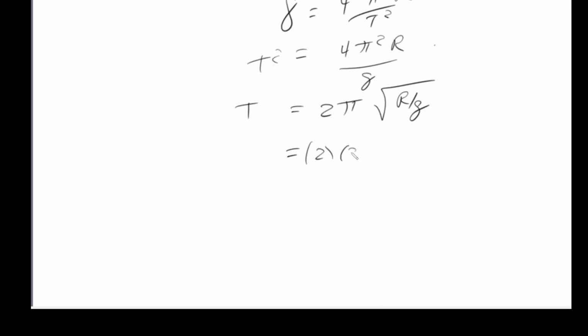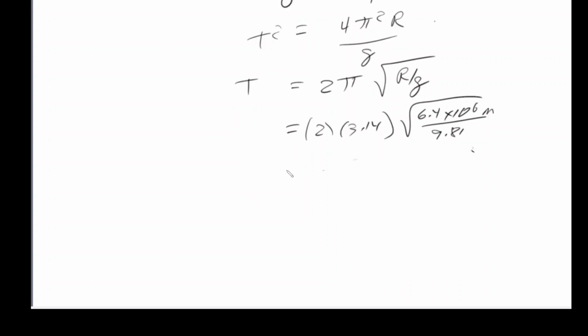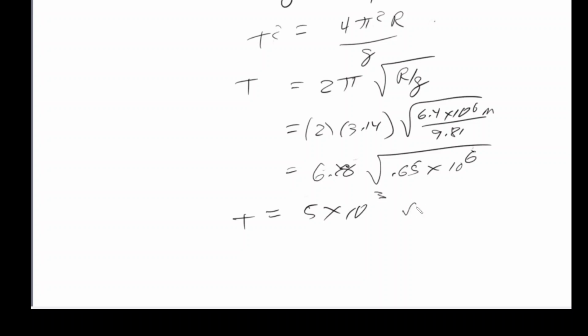That's 3.14 times the square root of r, which was given as 6.4 times 10 to the 6 meters, the radius of the Earth, over g, which is 9.81. That's equal to 6.28 times the square root of 0.65 times 10 to the 6, or t becomes 5 times 10 to the 3 seconds.